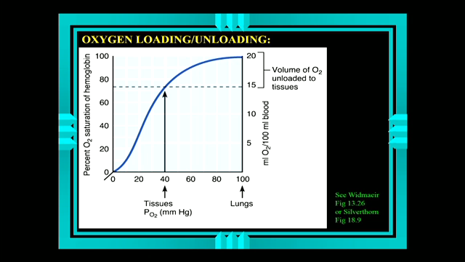It might be Z, I don't know. Okay, so it's the second y-axis on the right-hand side, which has the mils of oxygen per 100 mils of blood. So it says how much oxygen is in your blood. That's the only difference to this diagram.